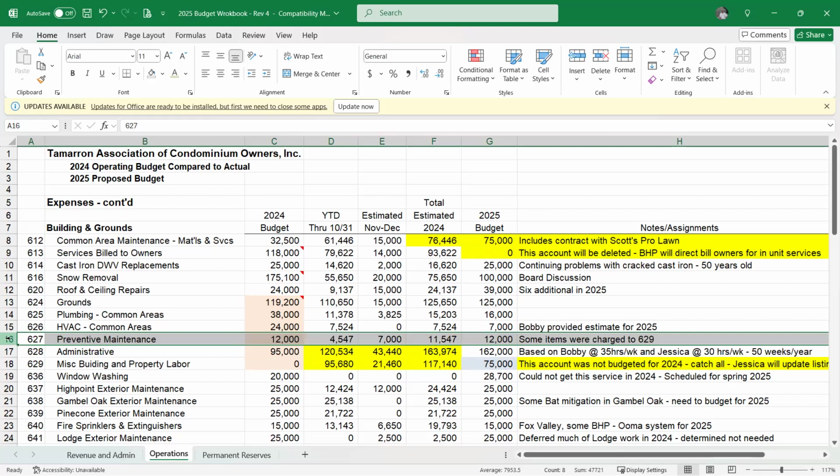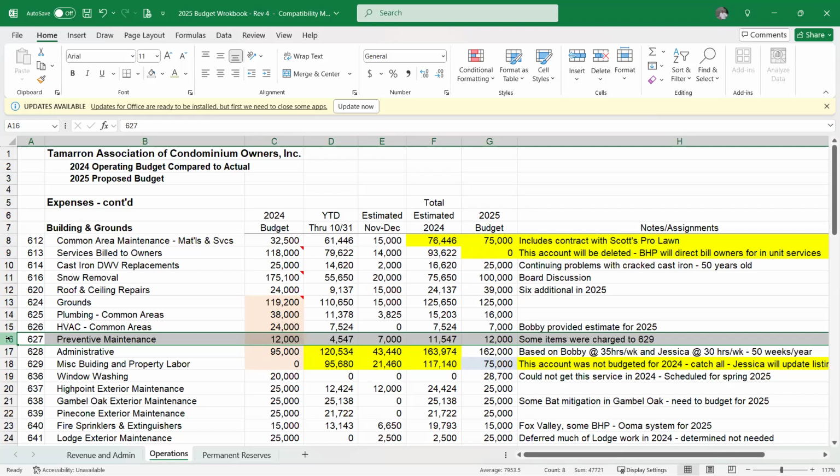I'm trying to think back to a year ago off the top of my head, but I thought 627 was the owner PMs. And if that's the case, then that will be zero this year because owners will be billed directly. PMs are currently in 613. That's where they should be.